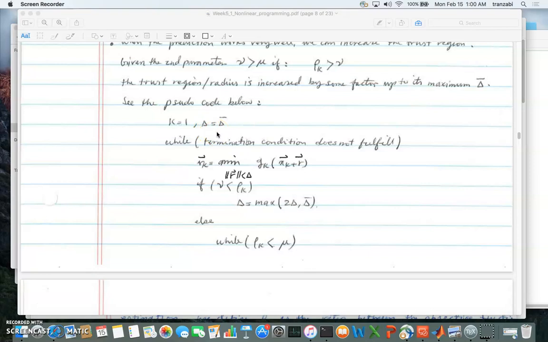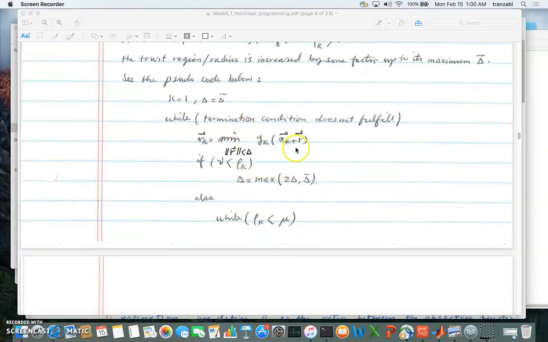We have to set the step size and search for the direction. So we set the step size to be delta bar. Okay, now we're going to look at the modified version of the function, or the Taylor series version of the function, and search for the direction r, such that the norm of r is less than delta.